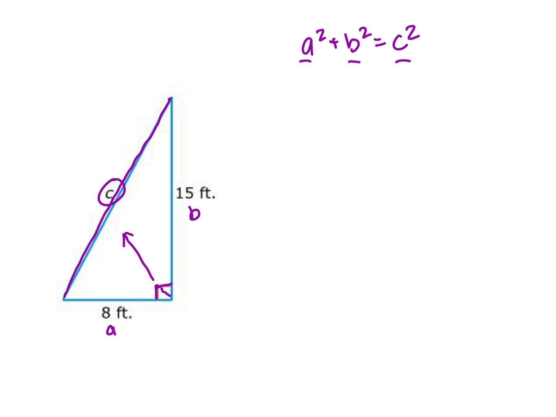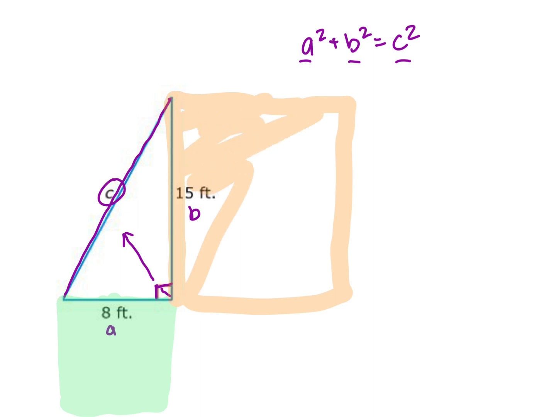So what I'm going to do in order to solve the Pythagorean theorem is first I need to know a little bit about a right triangle. All right triangles have where one of the sides squared, so let's call it 8 times 8, plus the other side squared, we'll call it 15 times 15. That's not quite a square, but you know what I mean.